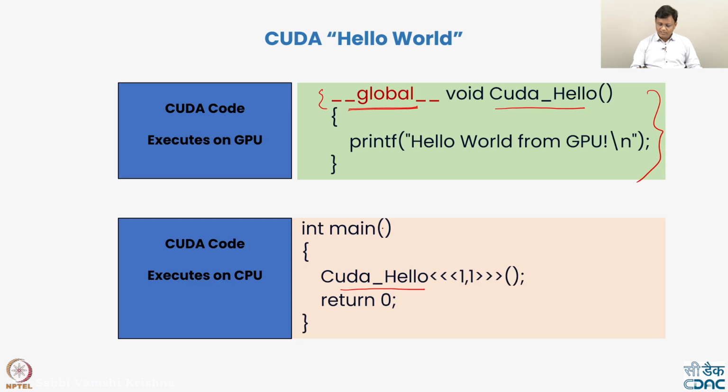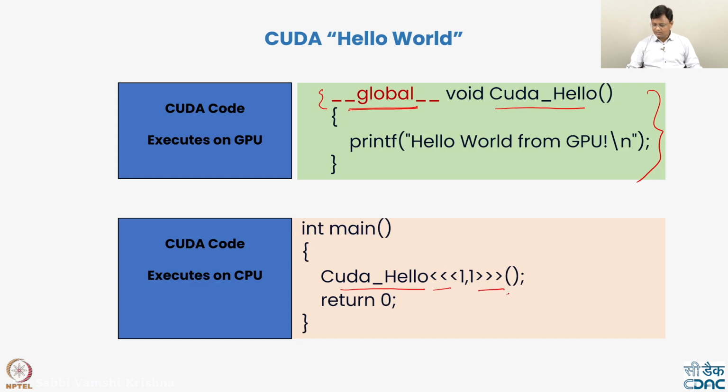You can see that int main is a standard C function, and within this function we are calling CUDA_hello kernel, and this triple angular brackets is the syntax to launch the kernel on the GPU.